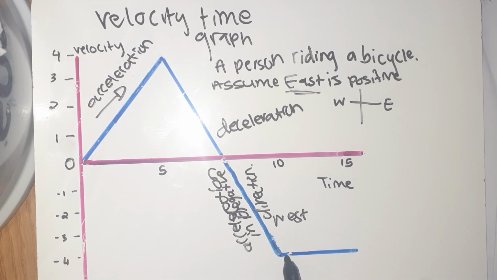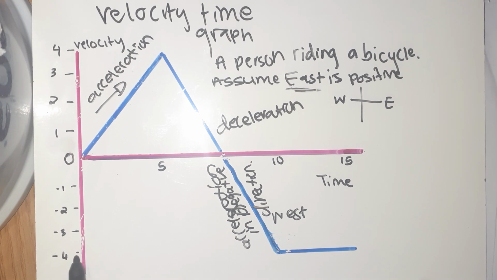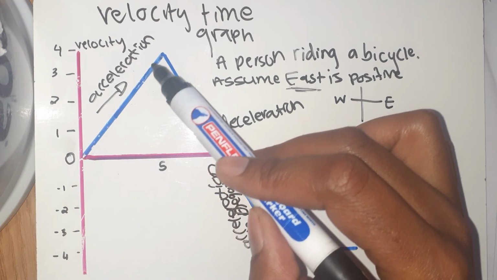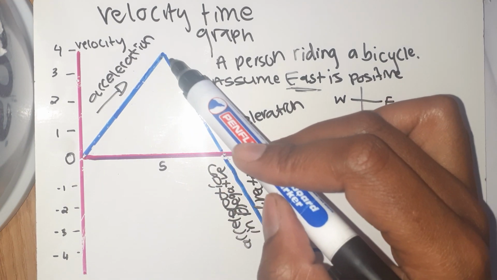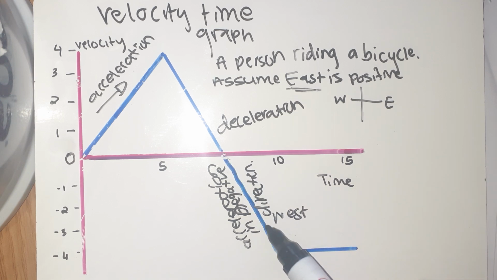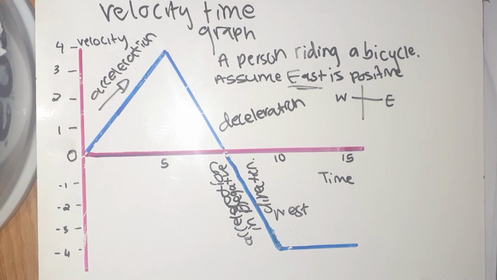Just know when we have a straight line, they are still riding, but at a velocity that is stated on this side. So here it's 0. They're accelerating going up, and then decelerating to go down, and then accelerating again in a negative direction. And here they are just riding at a constant velocity.